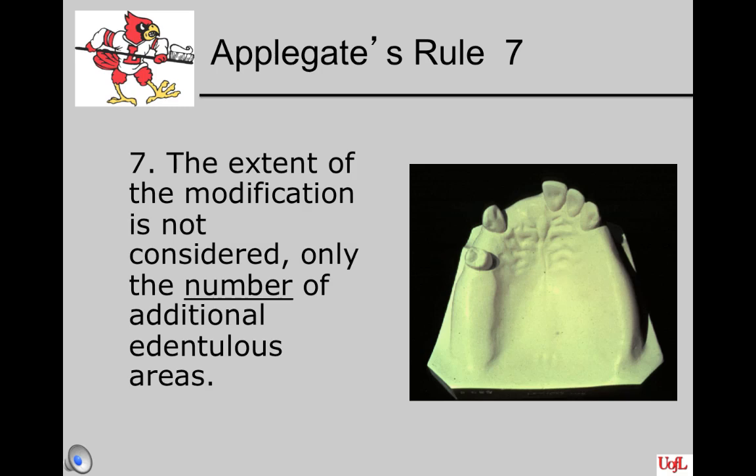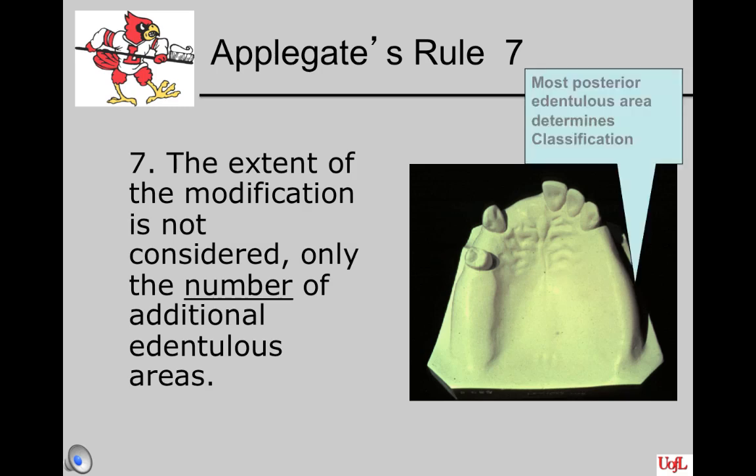Rule number 7, the extent of the modification is not considered, only the number of additional edentulous spaces. If we look at the arch and we think first, what are we going to replace? We would think that we're going to replace all of the missing teeth. Then we look at the most posterior edentulous area to determine our classification.